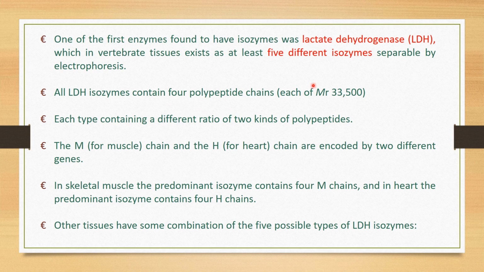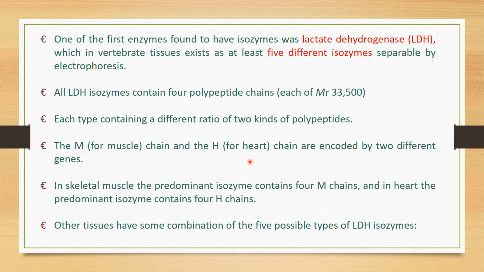Here also there are 4 polypeptide chains, and they are of 2 types. One is called H for heart, another is called M for muscle. Just like hemoglobin has alpha and beta, here it is denoted as H for heart, M for muscle. But they combine differentially. How?